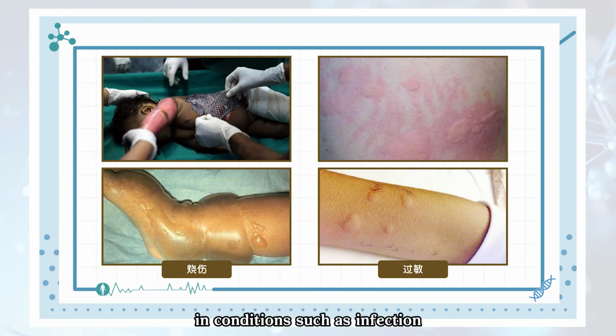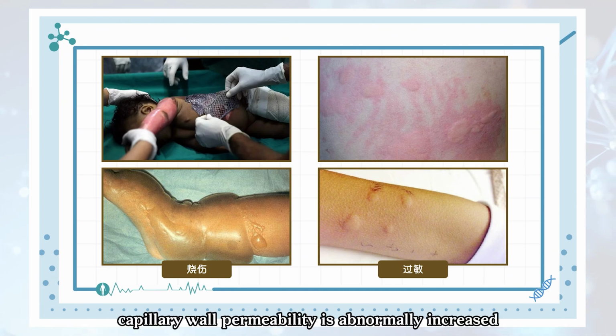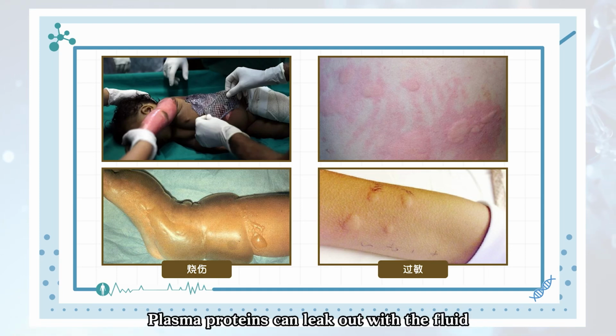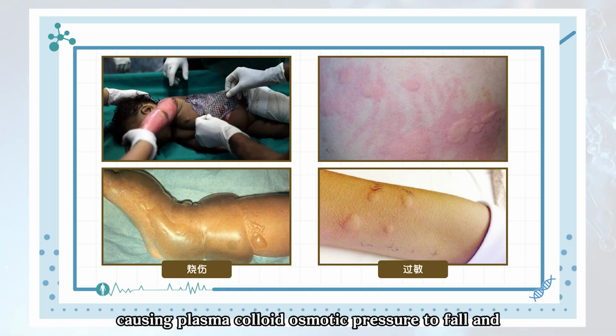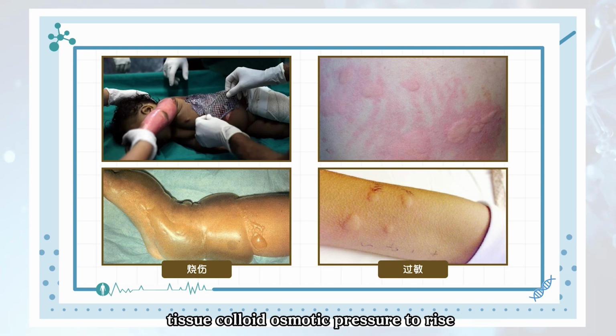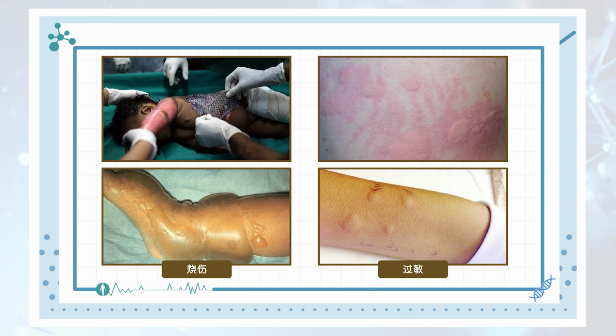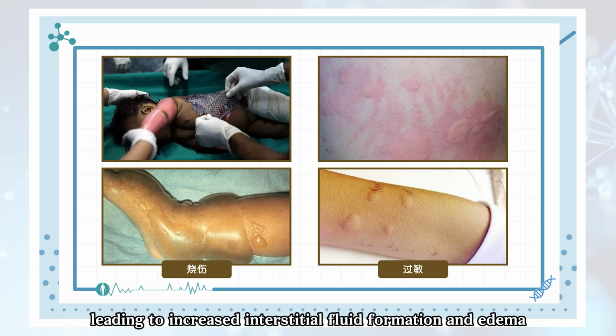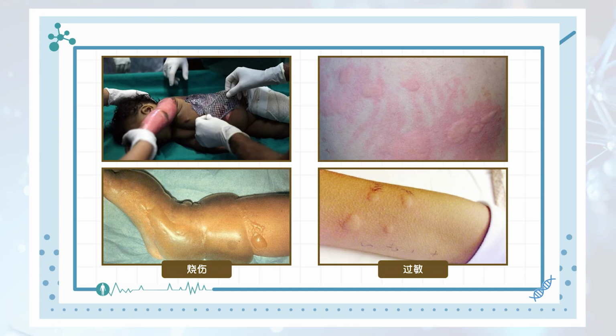However, in conditions such as infection, burns, or allergies, capillary wall permeability is abnormally increased. Plasma proteins can leak out with the fluid, causing plasma colloid osmotic pressure to fall and tissue colloid osmotic pressure to rise, increasing the effective filtration pressure, leading to increased interstitial fluid formation and edema.